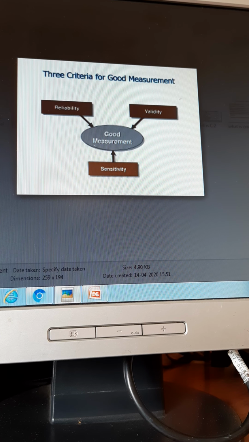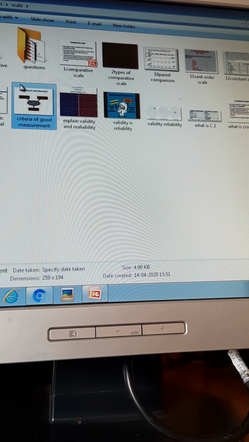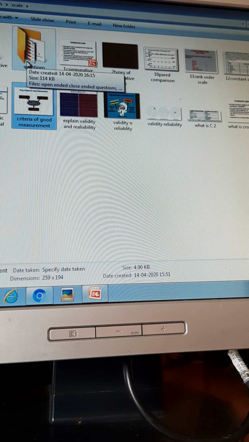Take simple topics and try and construct a questionnaire with all these scales. Dichotomous scale. What is dichotomous scale? Yes or no questions. Okay, let us go to questions now.